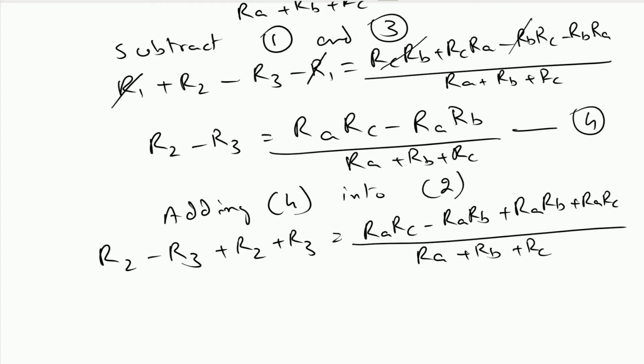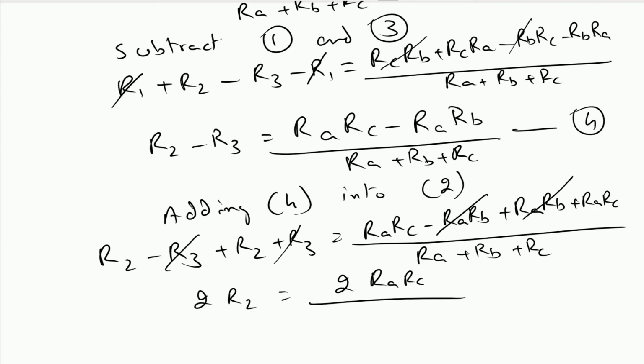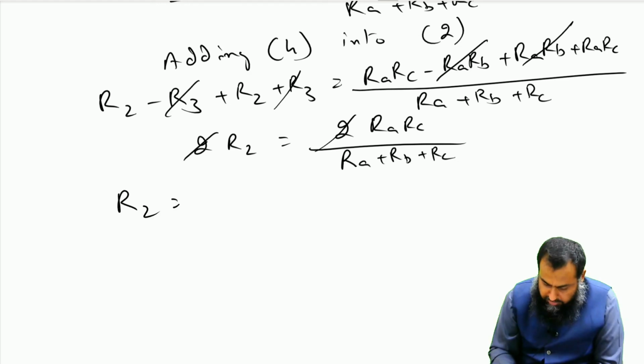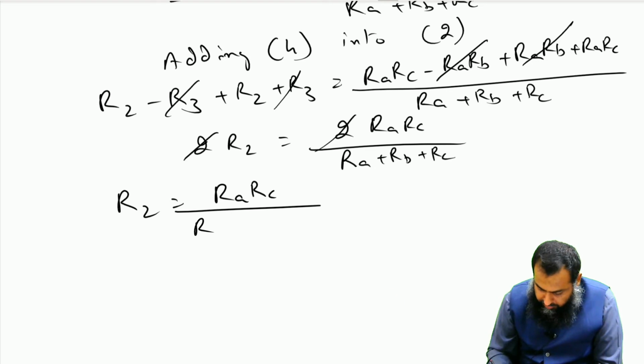So now if you see here, this will cancel out with this one, and consequently what we will get is 2 times R2 is equal to 2 times RA RC, because RA RB will cancel out. So we have RA RC left divided by RA plus RB plus RC. So now the 2 will cancel out as well. So R2 consequently is equal to RA RC divided by RA plus RB plus RC.